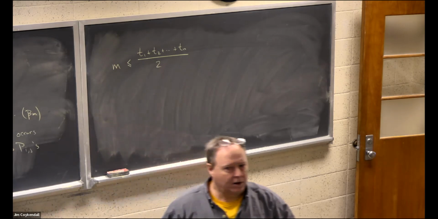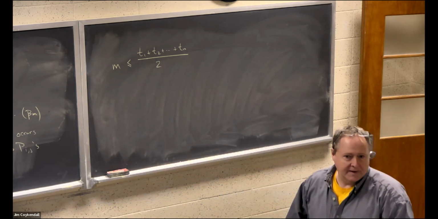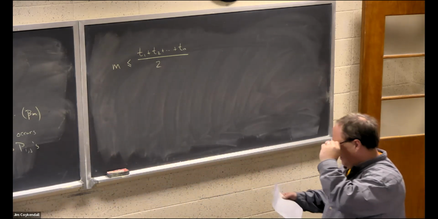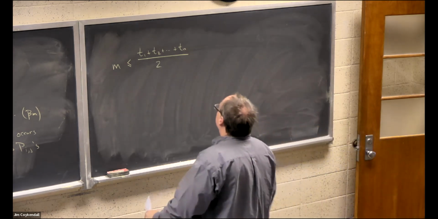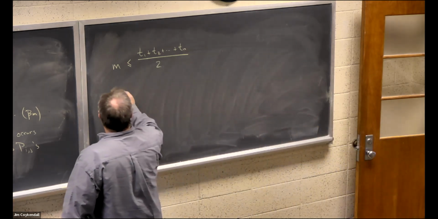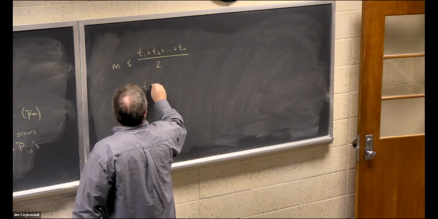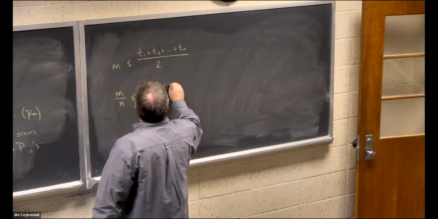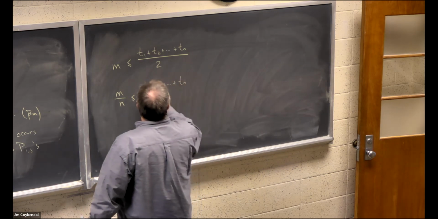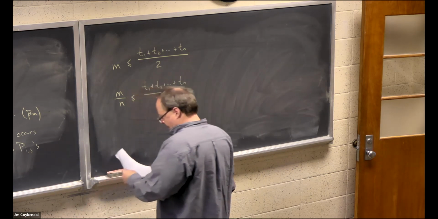No more than that. Everybody okay with that? So long as I can make it. And so this means that M over N is less than or equal to T1 plus T2 plus Tn over 2N.